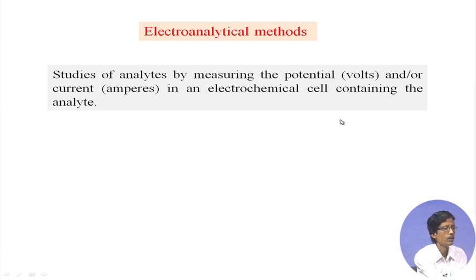So, in volts or in millivolts, and at the same time we will find that in some other methods, once we measure the potential, we should also be able to measure the corresponding current in any electrochemical cell containing the analyte. That is the most important thing of our concern: you must have an electrochemical cell, and that electrochemical cell will have the corresponding analyte.